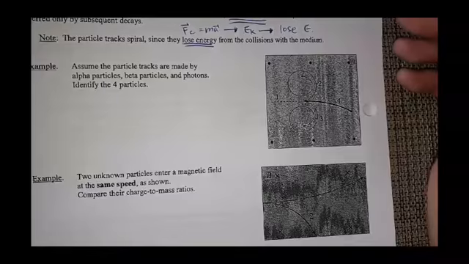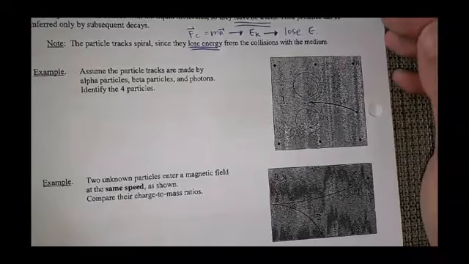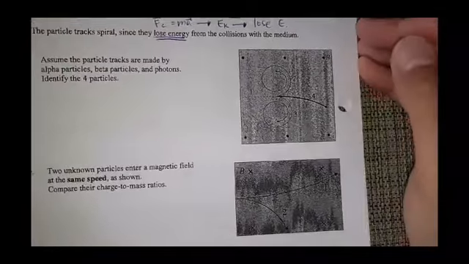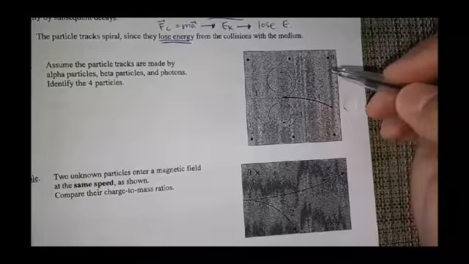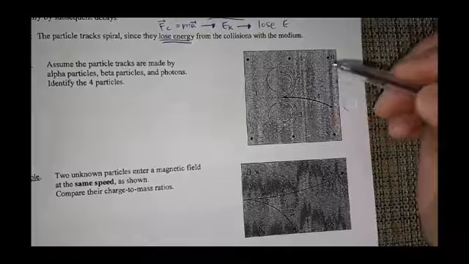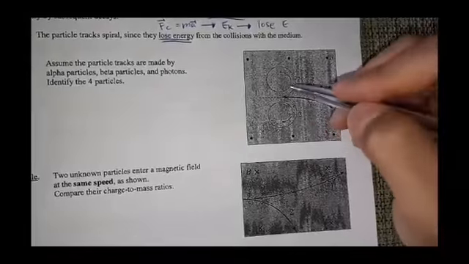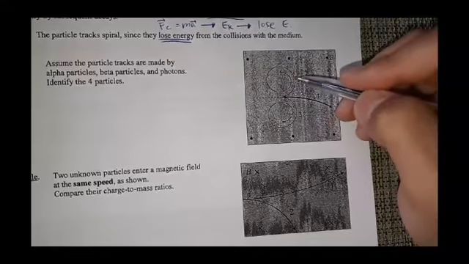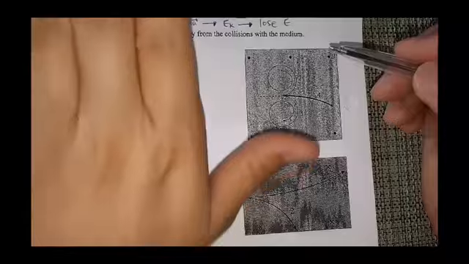Assume the particle tracks are made by alpha particle, beta particle and photon. Identify the given 4 particles. So we have every direction that is given. First things first. Number 2, the only circle going upward compared to 3 and 4, we can conclude that this is beta negative. The way we can double check is using our left hand rule.